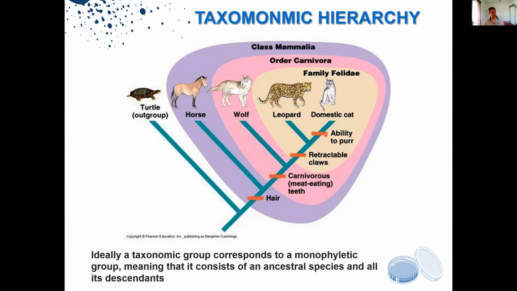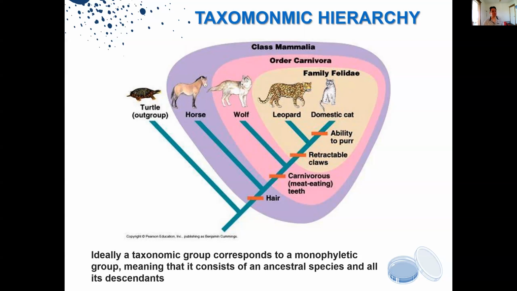So here there's a universal common ancestor that has the ability to purr, and it gave rise to all domestic cat-like species. But if you go a bit further back, there's a universal common ancestor that could retract its claws, giving rise to leopards and your other cat species. So you have this kind of neat little grouping of organisms.